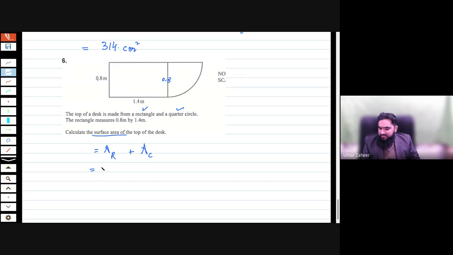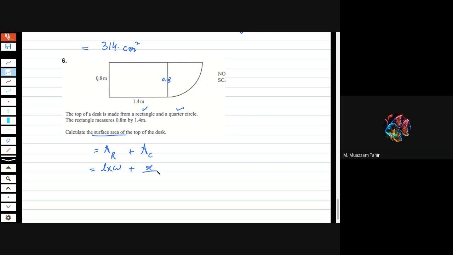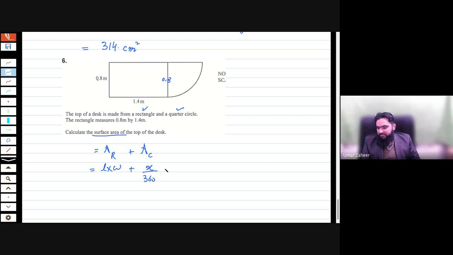The area of a rectangle is simply length multiplied by width. The area of a quarter circle is angle divided by 360 into pi r square. And obviously, we know that it is a quarter circle, so it is 90 divided by 360. You can also write it directly as 1 by 4.